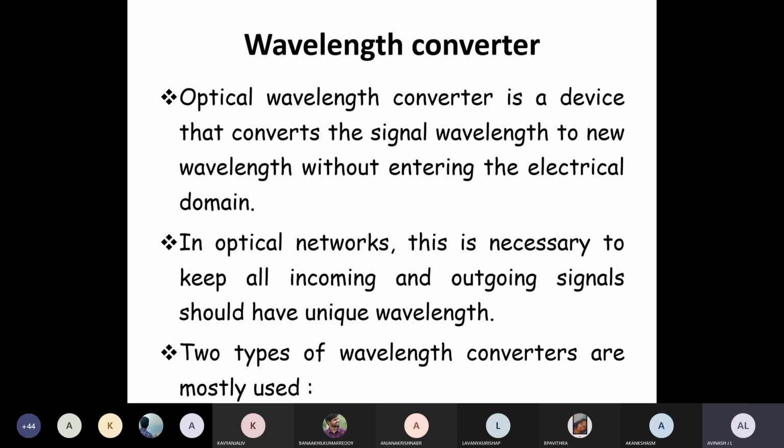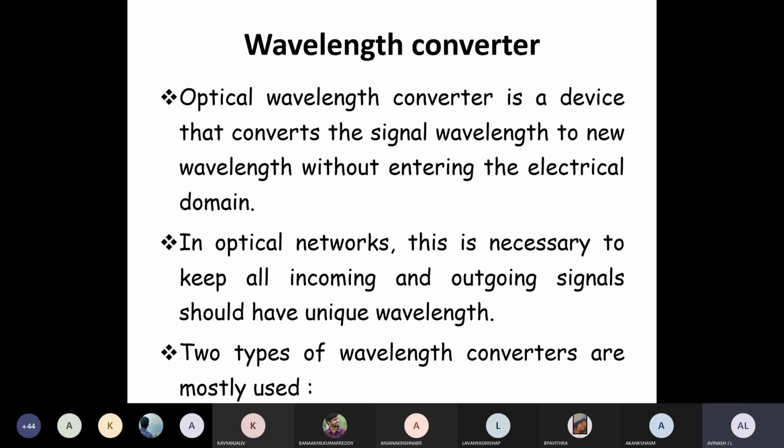So in optical network, it is necessary that all incoming and outgoing signals should have a unique wavelength. Why this concept of wavelength converter comes into picture is very simple. All incoming and outgoing signals should have different wavelengths.